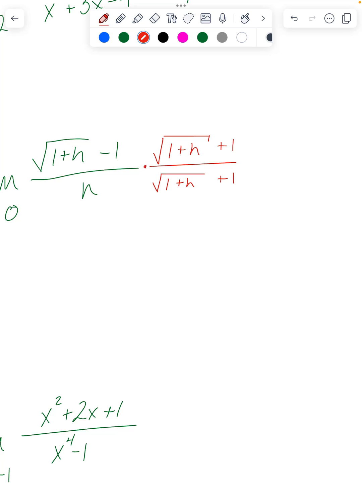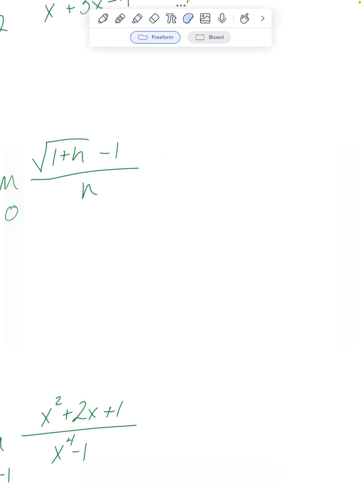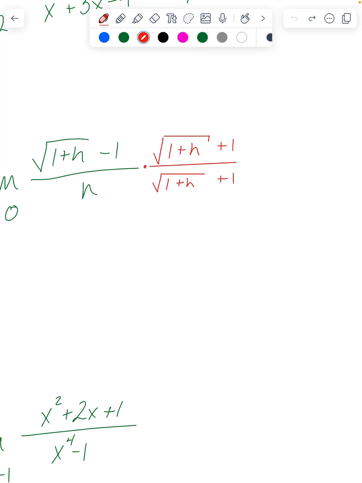Notice how I did not change the value of this problem, because what am I doing here? I'm multiplying by 1 over 1. So I'm multiplying by 1. I'm not changing the value at all.